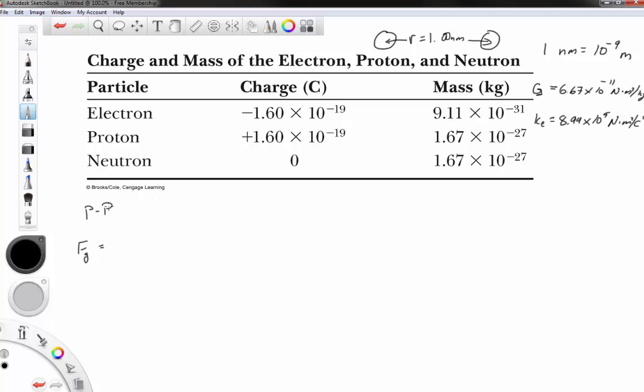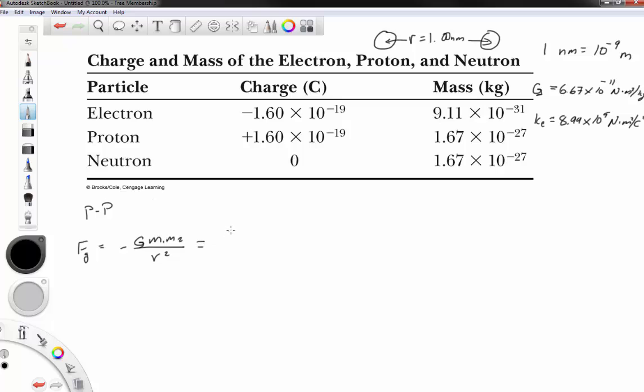The direction we know: because both are positive, the electric force should be repulsive, and gravity should be attractive because it's mass. So this one is negative G m1 m2 over r squared.